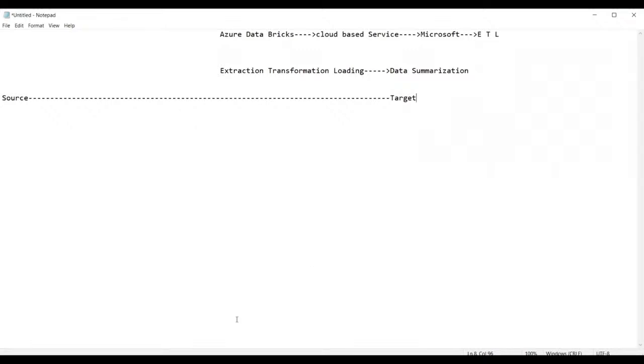Now, guys, what do you mean by source? What is the source of income? The place from where we get the money is called a source of income. In the same way, the place from where we get the data is called the source of data.